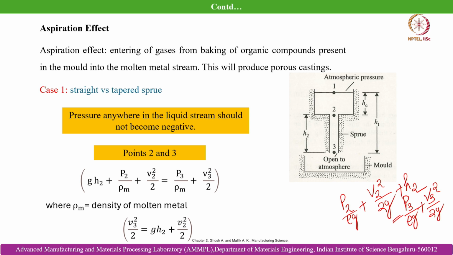Also, because it is exposed to the environment, P 3 becomes 0.